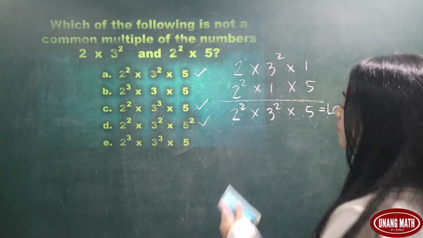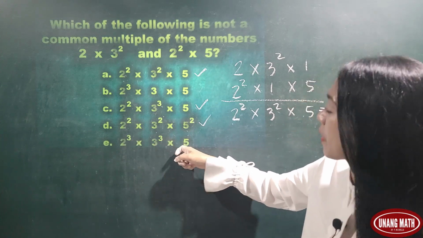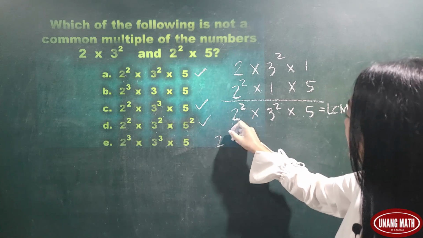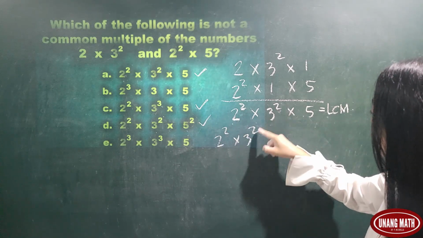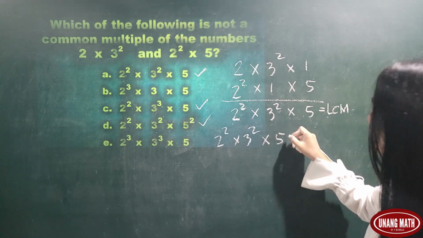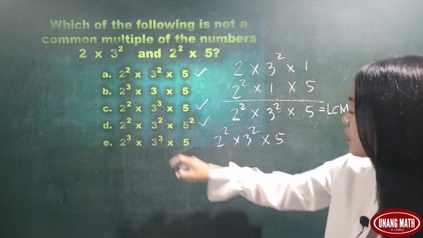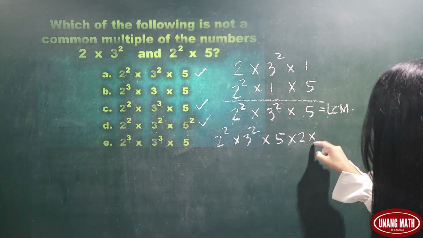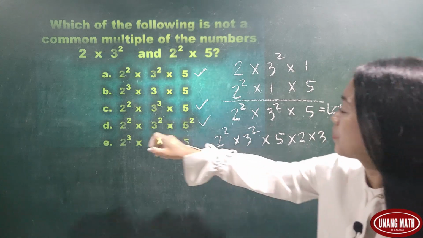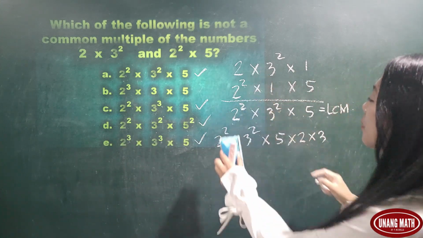How about E? 2 raised to the power of 3 times 3 raised to the power of 3 times 5. The LCM is 2 squared times 3 squared times 5. But here the exponent is 3. Here is also 3. So it means we need to multiply this by 2 and multiply this by 3. So E is also a common multiple of these two numbers.